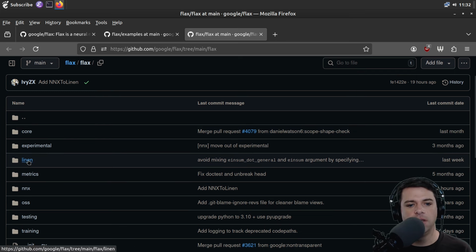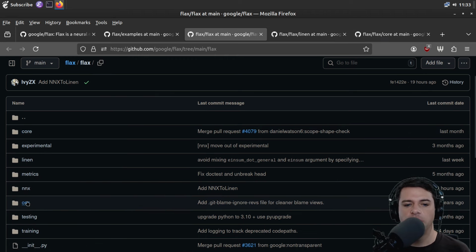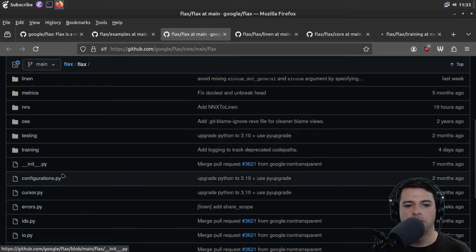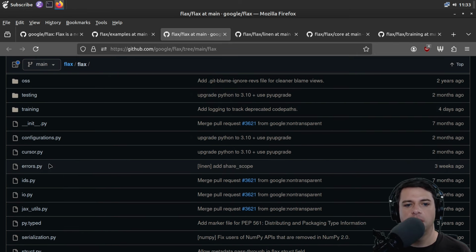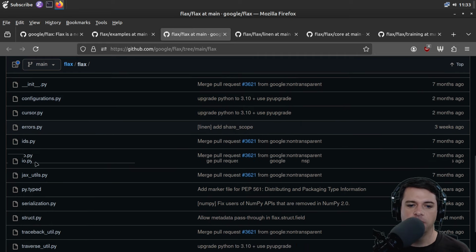Core, linen, I don't know what linen is. Maybe it's something like linting. Core is probably important. OSS, I'm going to guess, is open source stuff. NNX is probably just the API. Metrics, I'm going to ignore. Training is maybe interesting. We have cursor. Why do we need a cursor?